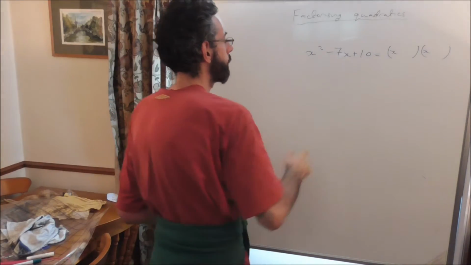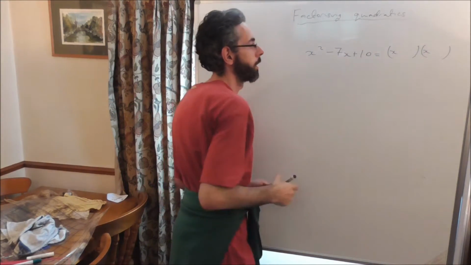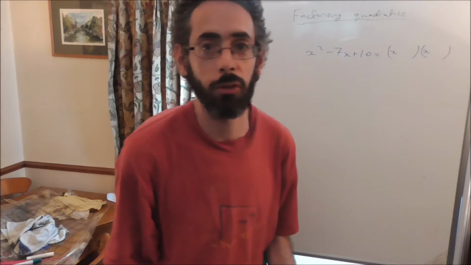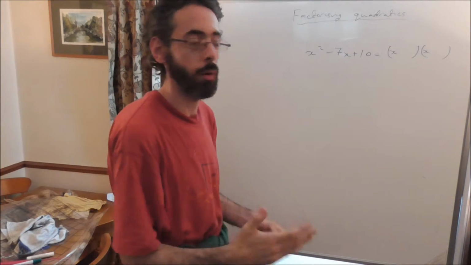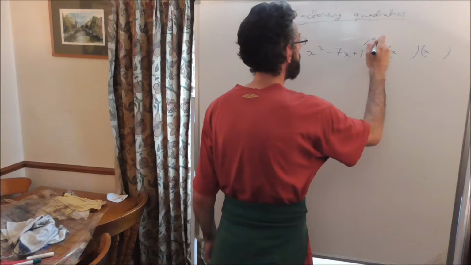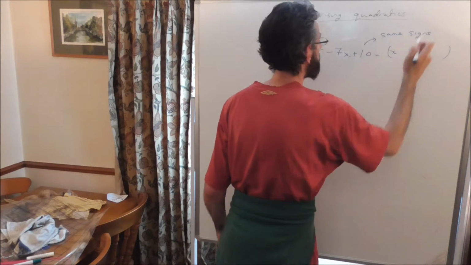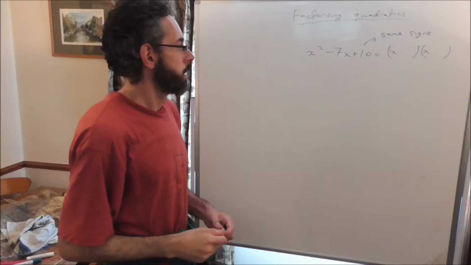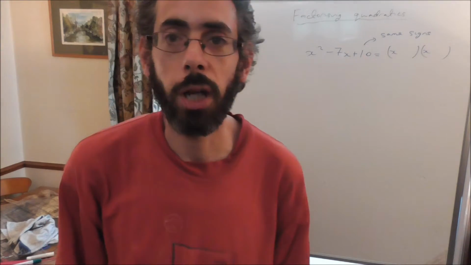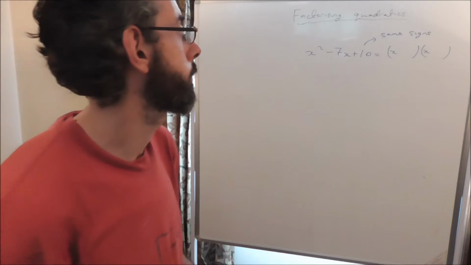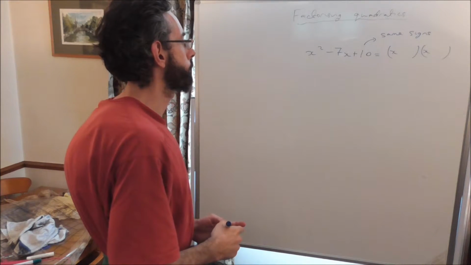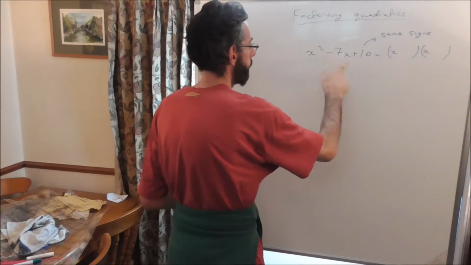So because the two numbers have a positive product, they've got to have the same signs this time. They're either both positive or both negative. Now actually, if the signs are the same, you can work out what the signs are straight away. We've got minus 7x here.